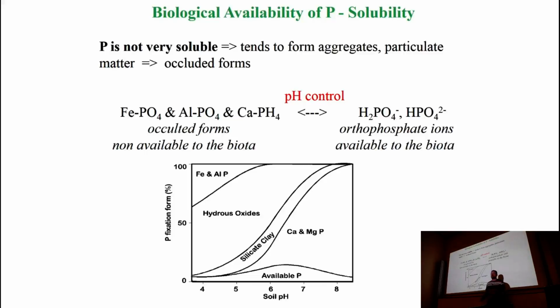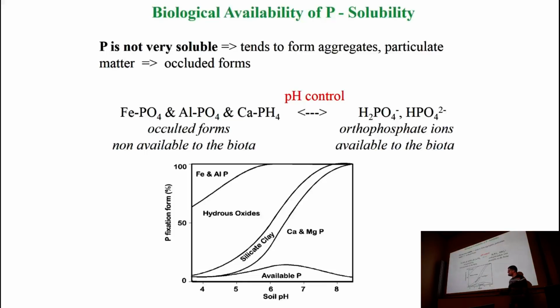This is one of the reasons why, as well as putting nutrients onto their fields to boost production, farmers also care about the pH of the soil. You might see farmers spreading lime on their fields, if they've got acidic soil, to raise it to a more neutral pH to make more of the phosphorus that's there available, because it's much cheaper to change the pH of your soil than to add loads and loads of phosphorus that's just going to get locked up and not be available for your plants.